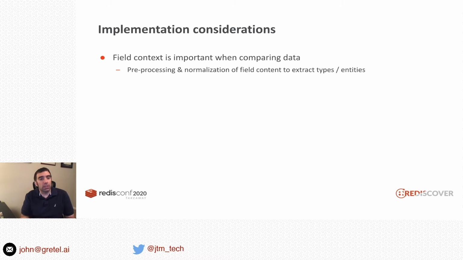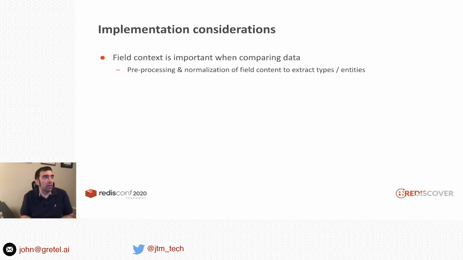Pre-processing and normalization of the field to extract any type or entity would be really useful here. One way that we do that is we use varying techniques of natural language processing, regular expressions, pattern matching, and custom extractions to identify context about a field before we make a determination to build a HyperLogLog for it.